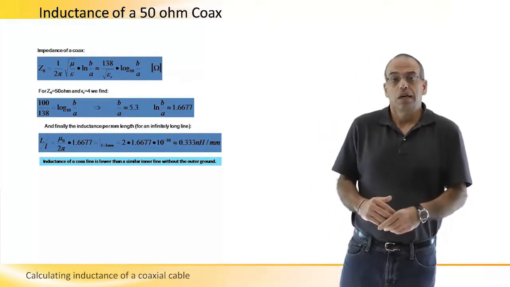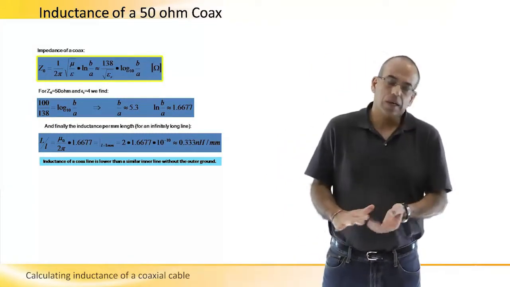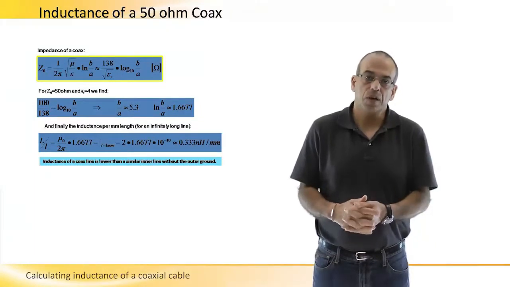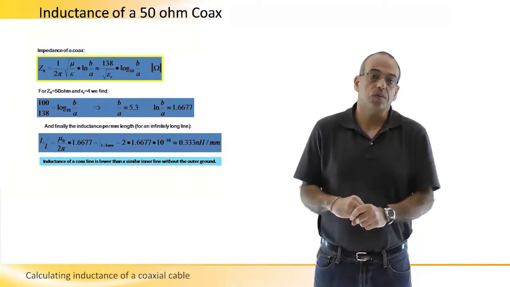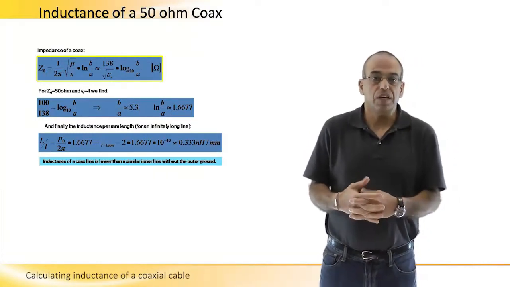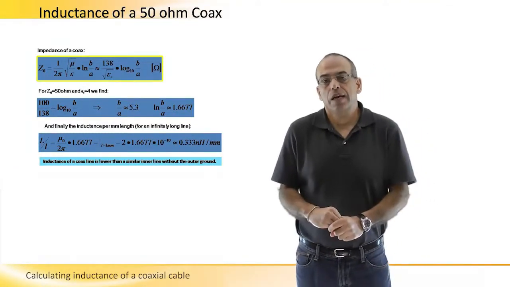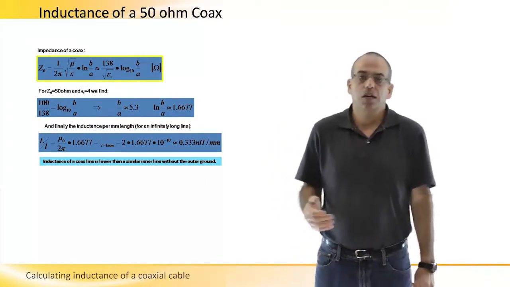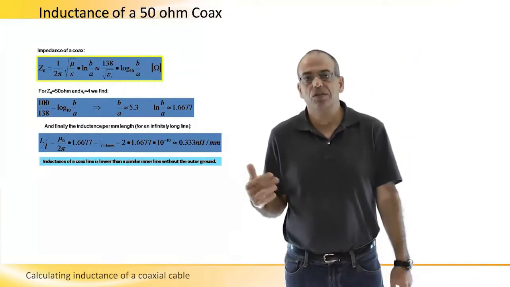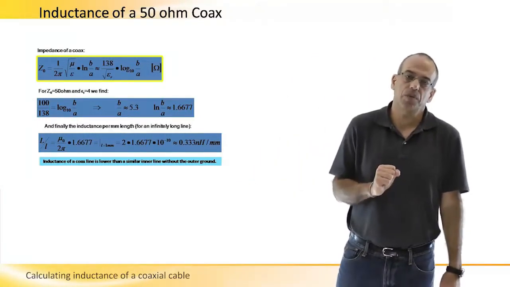The impedance of a coax is given by the equation at the top, and we see that it is proportional to the log of B over A and inversely proportional to the square root of the epsilon r of the coax line, where B is the outer conductor radius and A is the inner conductor radius.